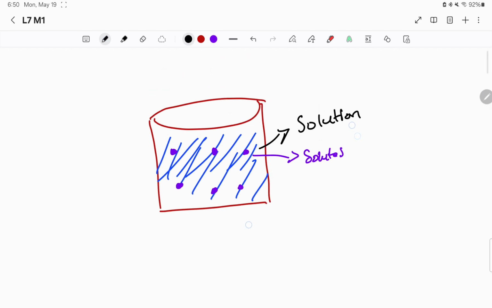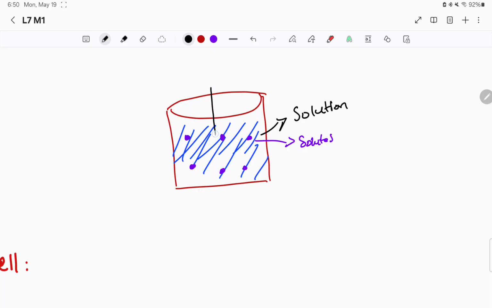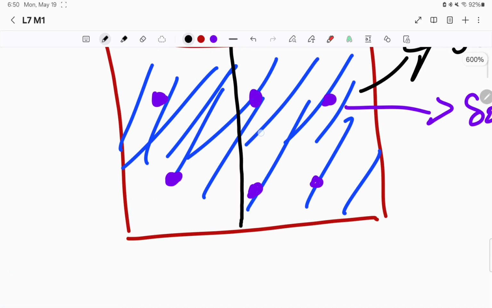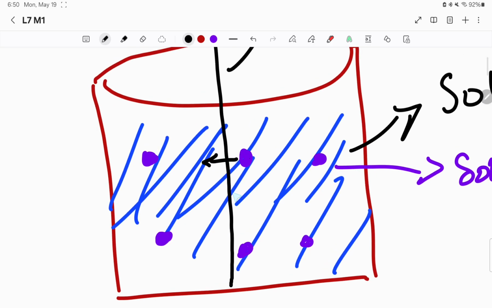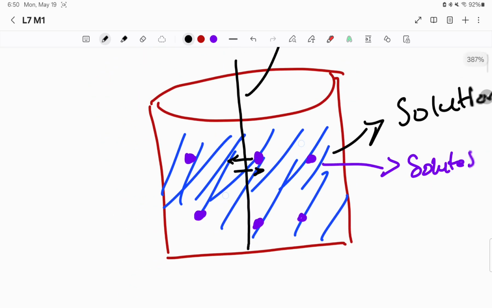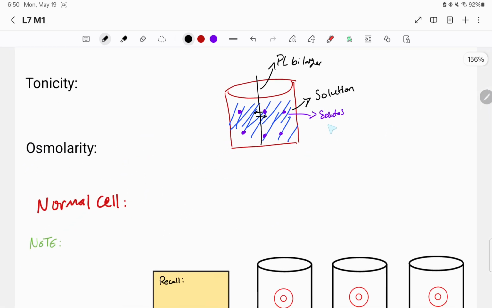Great. Now that you know this terminology, let's introduce another thing. Let's say I add a membrane inside of this tube, and this membrane is supposed to represent our plasma membrane or our phospholipid bilayer. The solutes that can freely move across this membrane and back are denoted as penetrating solutes, because they can move freely back and forth across the membrane without the need of any carrier or channel.